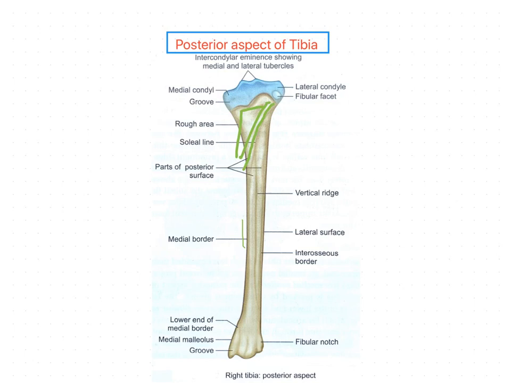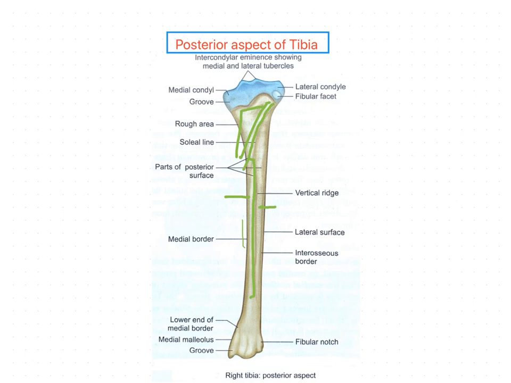The part below the soleal line is further divided into medial and lateral parts by a faint vertical ridge, which divides the posterior surface into the medial side and this one, the lateral part of the posterior surface.